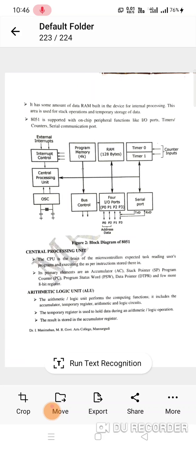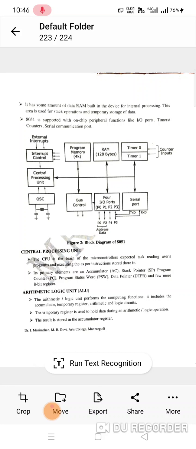Then further, it has some amount of RAM built into the device for internal processing. This area is used for stack operation and temporary storage of data.